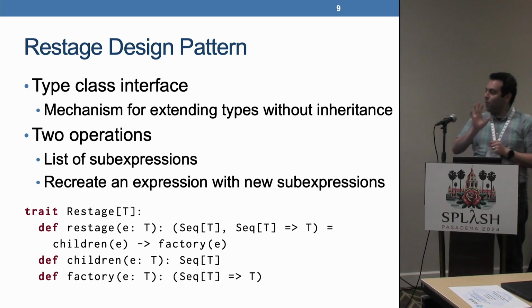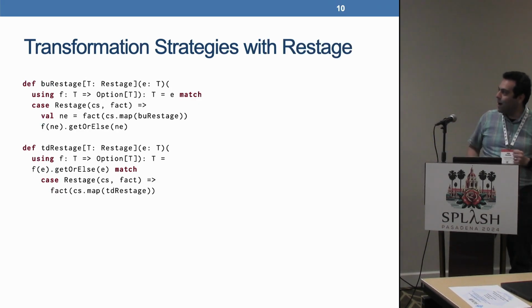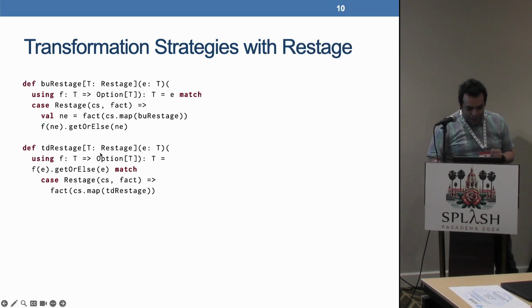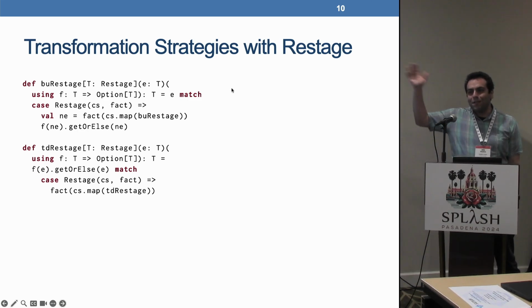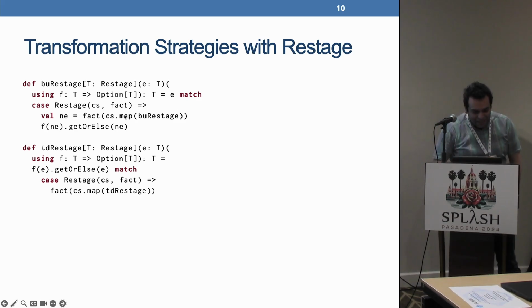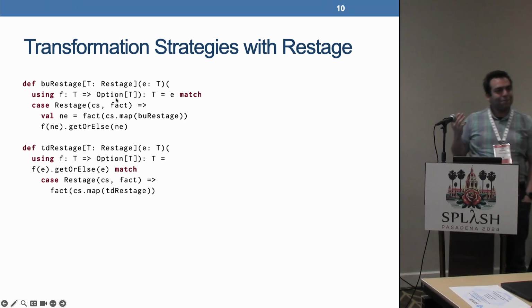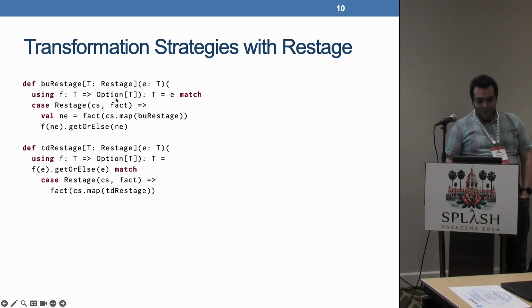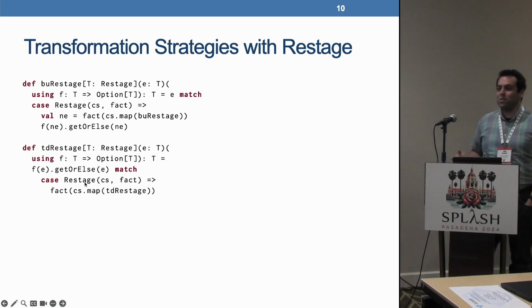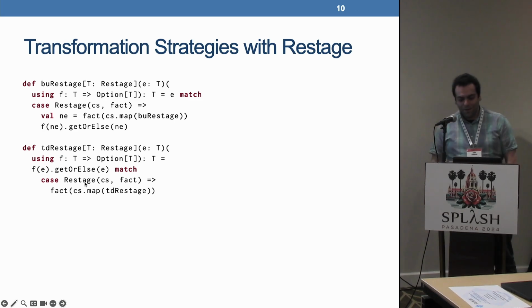So with this simple interface, this is how I can implement a bottom-up transformer. You have seen in the previous slide how many lines of code I had to write. So now you can see it's just, how many? 5 lines of code. That's great. Not only that, this is actually the top-down transformer. This is also 5 lines of code.